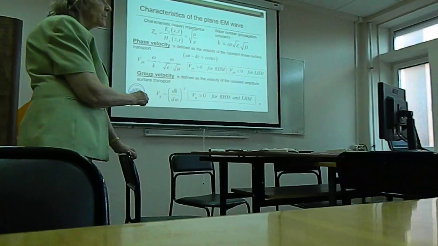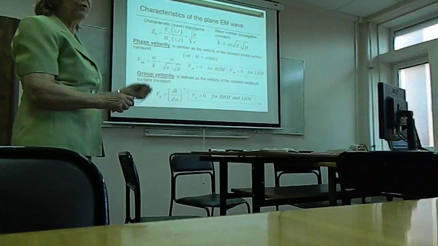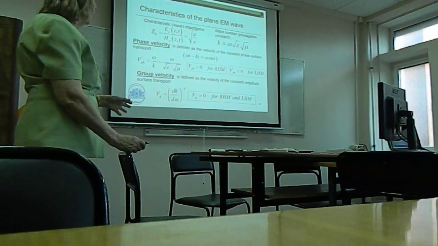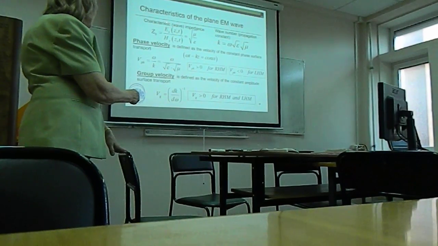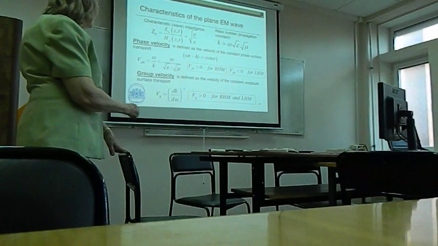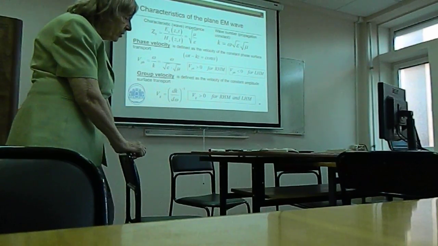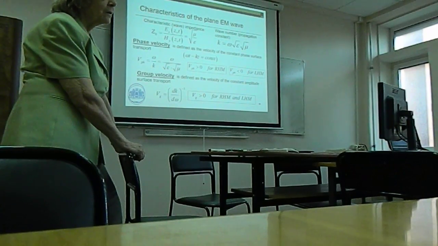This is the ratio. We have a plane electromagnetic wave, only one electric component, only one magnetic component, which are orthogonal. The ratio of these two parameters corresponds to the dimension of impedance.